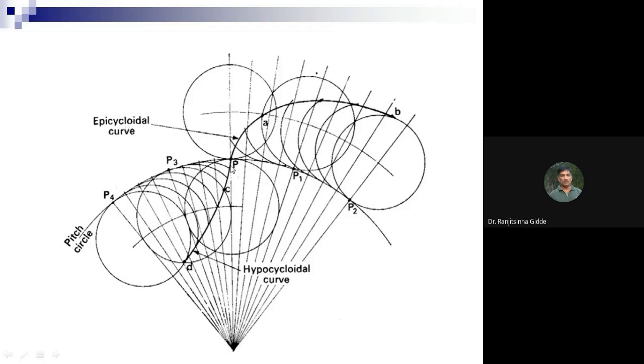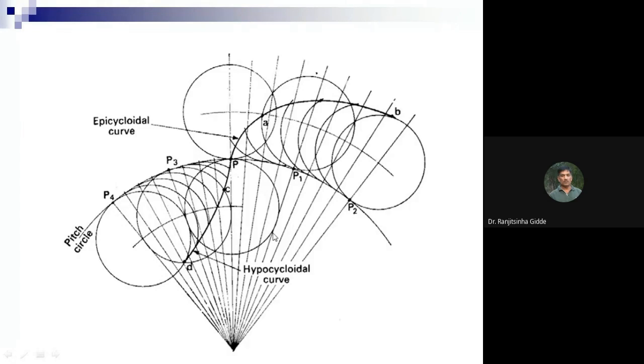And whatever curve we get inside this pitch circle is known as the hypocycloid curve.